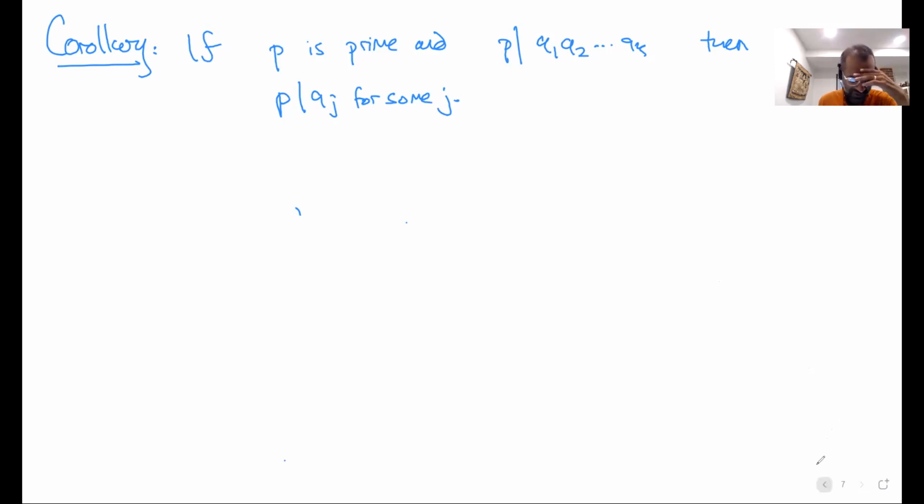The reason is, P is prime, and a prime is relatively prime to every number other than itself. So in this case, P is relatively prime to A1, A2, A3, A4, etc.